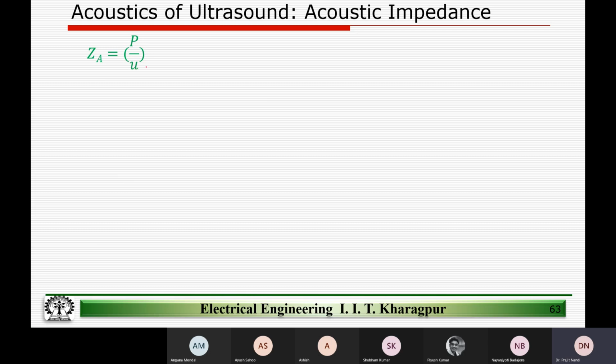This makes a lot of sense, right? Because when we talk of current flowing, let's say this is a resistor and the voltage across the resistor is V. We know V is equal to I times R, which means R is nothing but V divided by I. So V is nothing but the potential difference, and we are equating the potential with pressure.